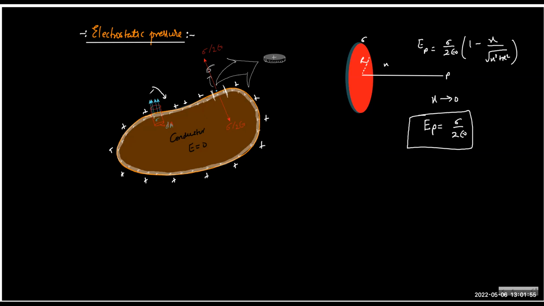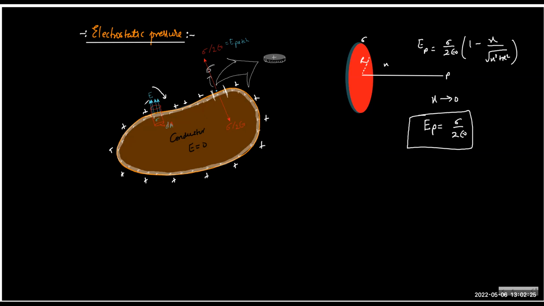So if I call this field E net, this is the E due to the patch, the small disk which you cut. Now this E is representing the net value, the actual field present there. The field lines may have a complex shape, but near the surface it is going to be perpendicular.